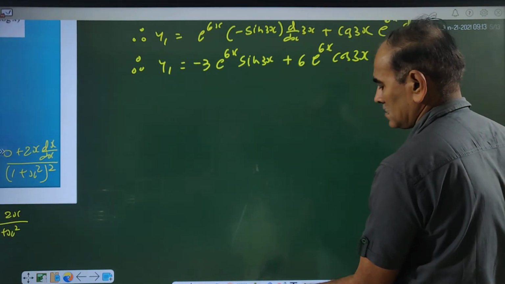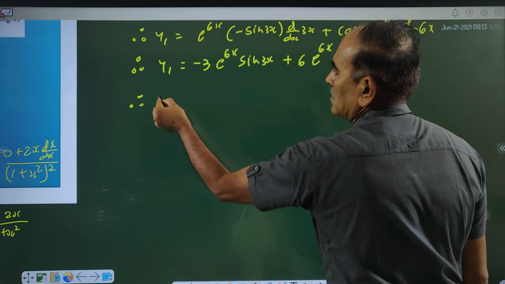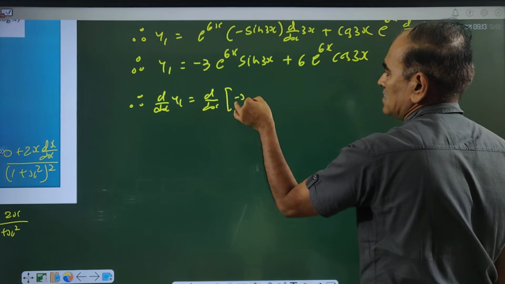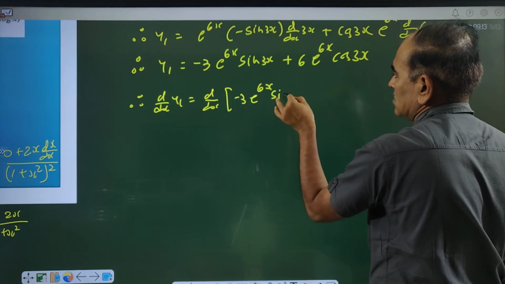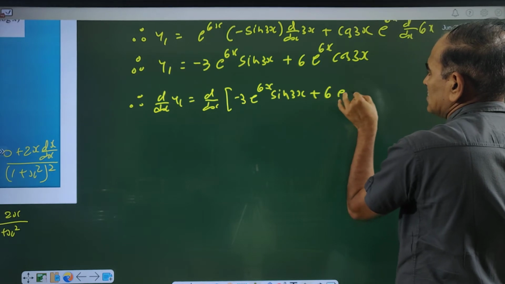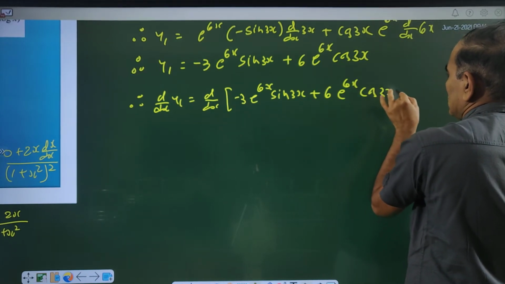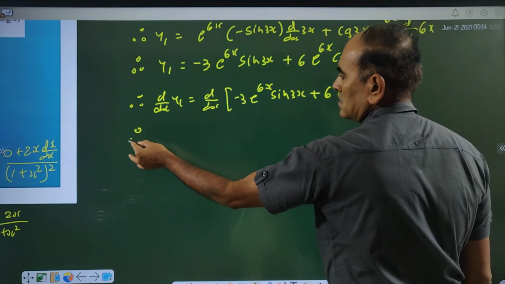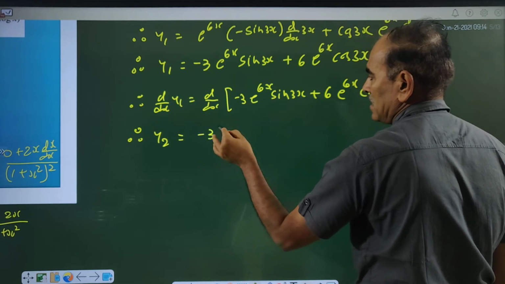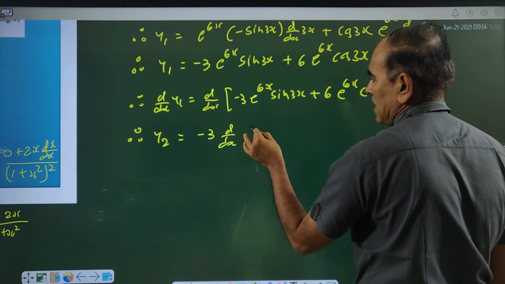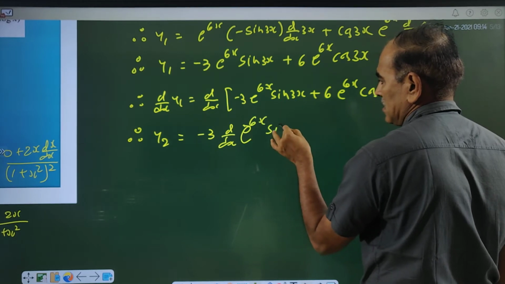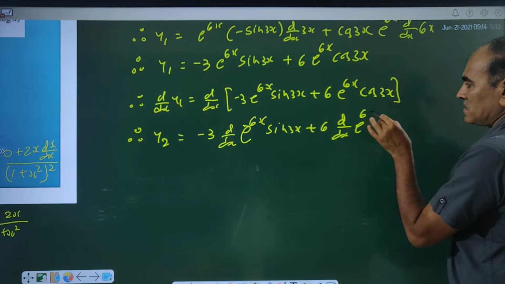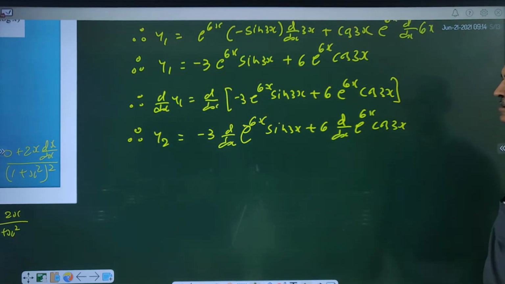Now see the second derivative, and therefore d by dx of y1 is equal to d by dx of minus 3 e raised to 6x sin 3x plus 6 e raised to 6x cos 3x. So what we get here is nothing but minus 3 times d by dx of e raised to 6x sin 3x, plus 6 times d by dx of e raised to 6x cos 3x.